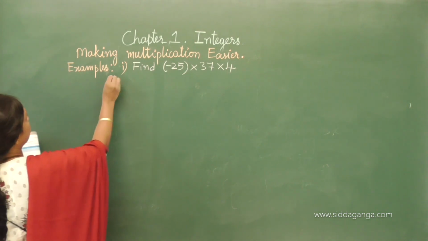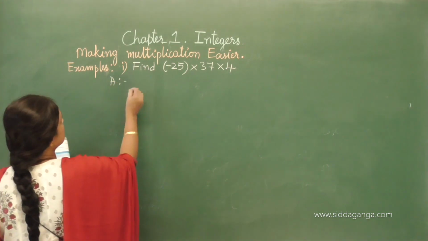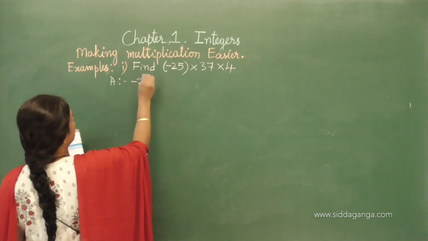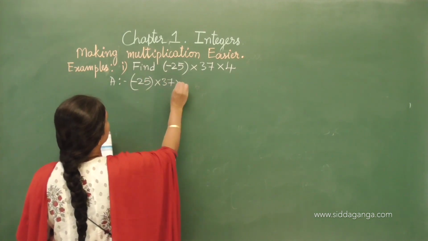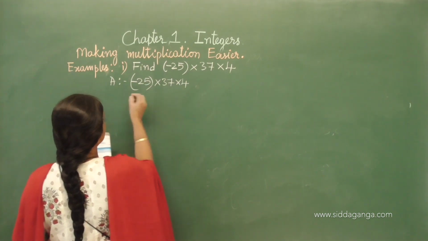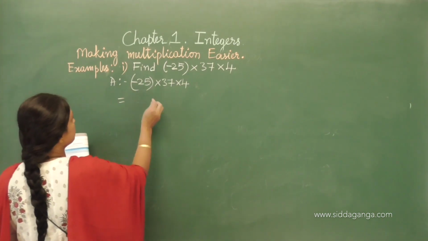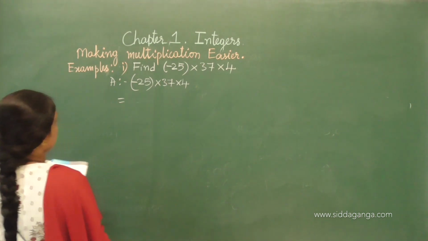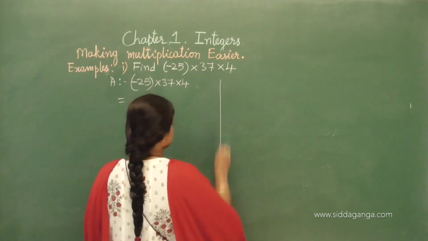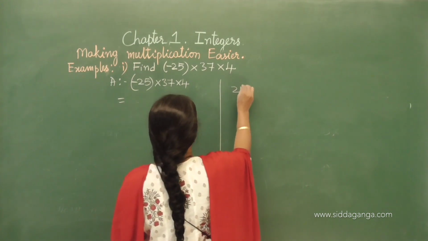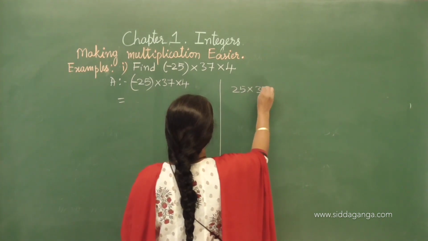Okay. We can do like this: minus 25 into 37 into 4. So that is equal to minus 25 into 37. So consider 25 into 37.